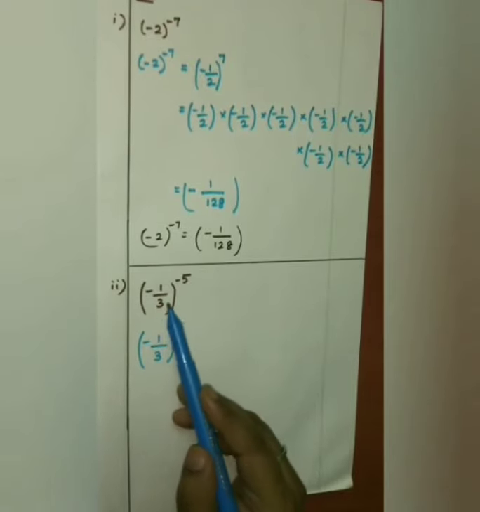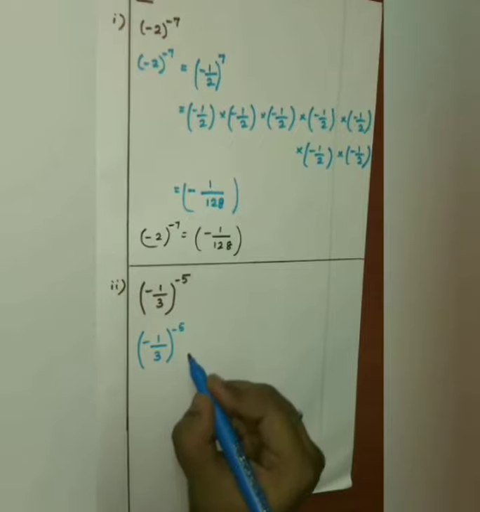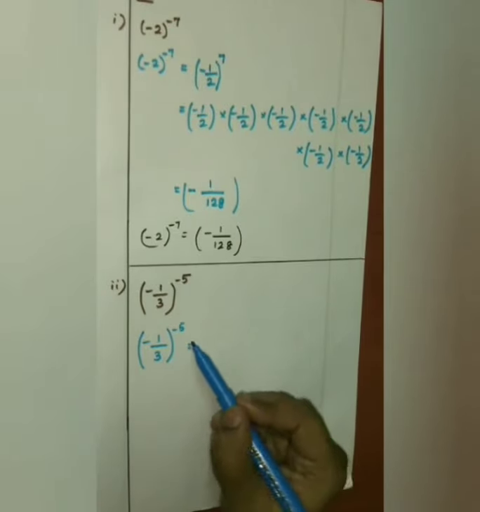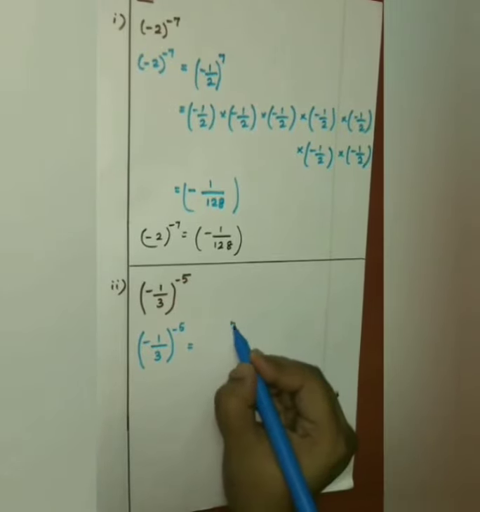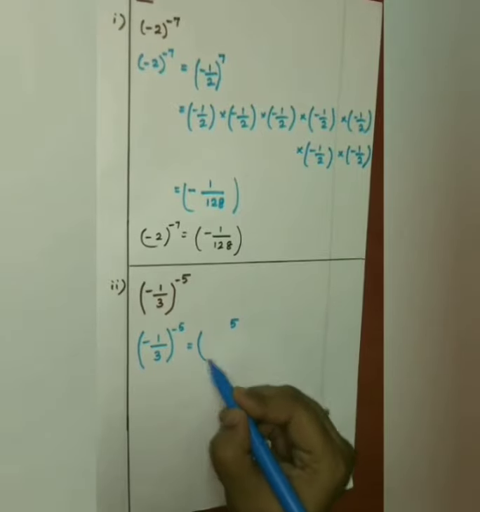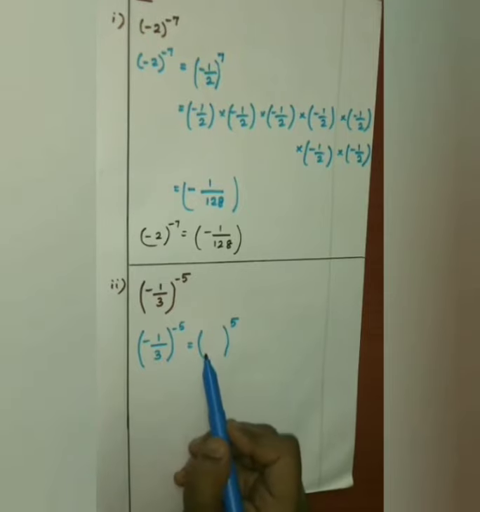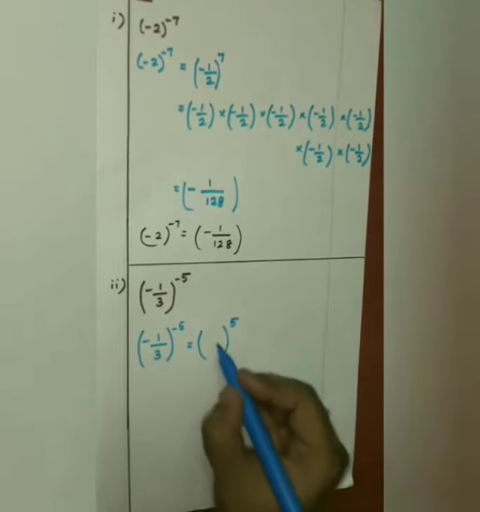Second problem, (-1/3)^-5. First step, as I said in the previous problem, you change the negative exponent to its positive. Since we have changed, instead of writing the base number, you write its reciprocal. So what's the reciprocal of minus 1 by 3?